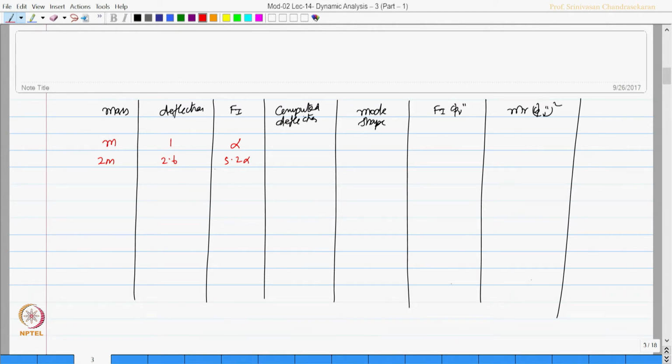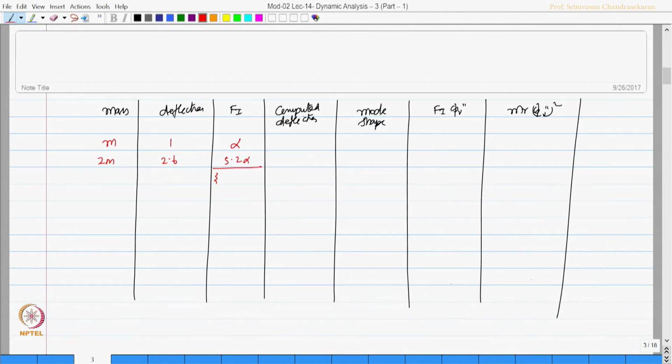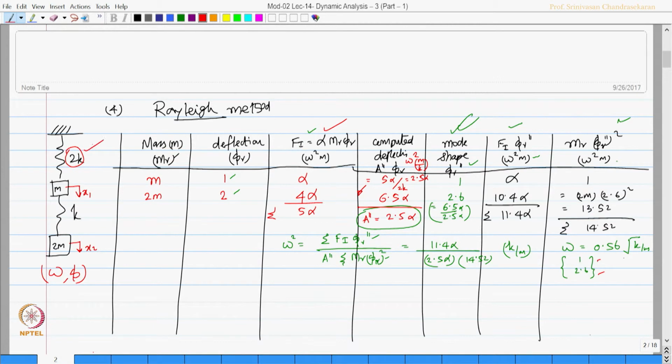so let us take the sum, which is going to be 6.2 alpha. So, this is going to be 6.2 alpha by 2k. So, that is the stiffness.